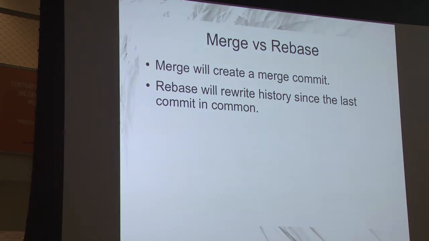It can be referenced. It can be reverted. Rebase, on the other hand, will not do this. The easiest way to explain rebase is with a commit graph. But basically, it's going to rewrite your history on top of their history.